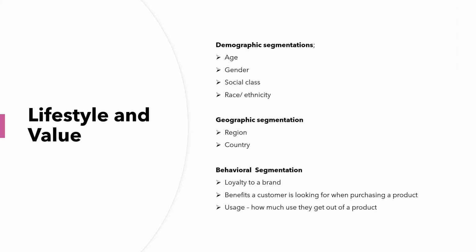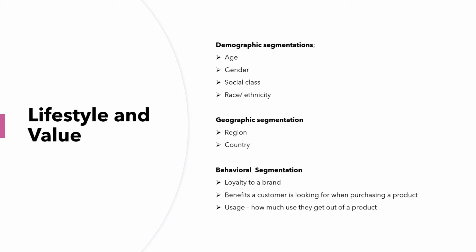And finally, moving on to lifestyle and values. To understand the lifestyle and values of customers, groups must be broken into demographic segmentations, geographic segmentations, and behavioural segmentations. Demographic segmentations are made up of age, social class, gender.